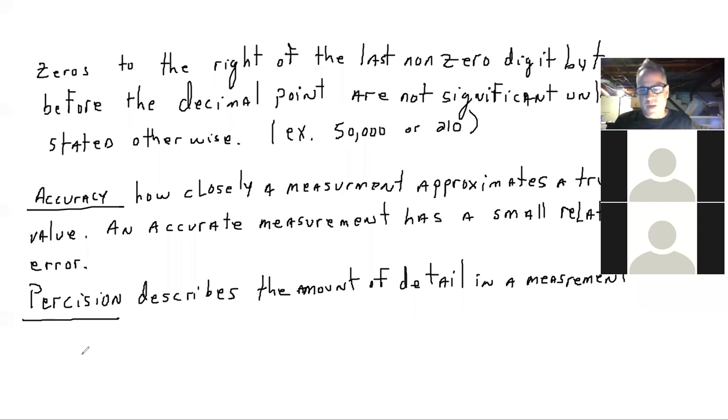And then your relative error is your absolute error divided by the true value. So again, your measured value minus your true value, divided by the true value. And then generally we convert that to a percentage simply by moving the decimal place to the right twice. And then we've got it per 100.